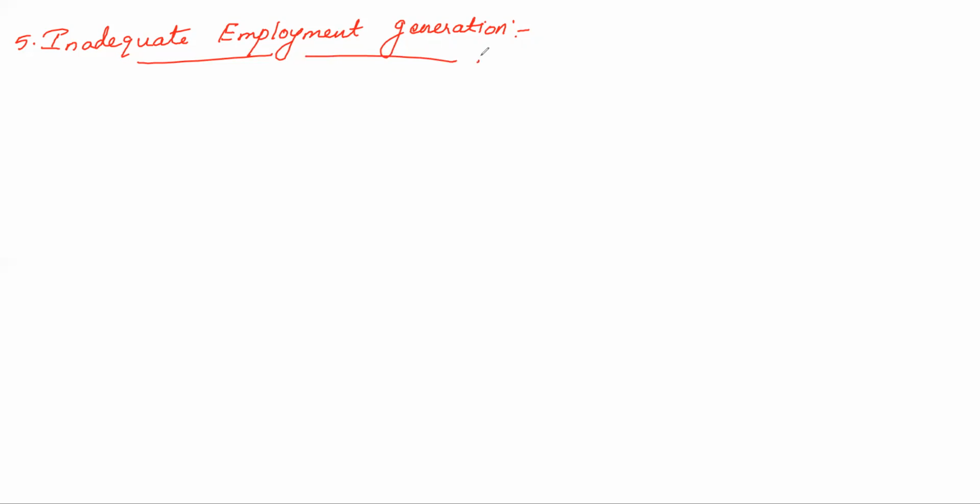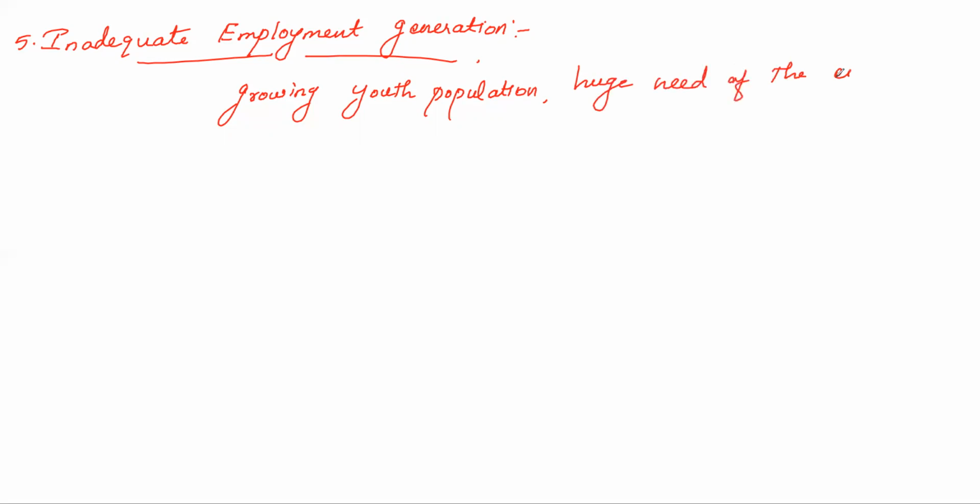Next one, inadequate employment generation. This means there is an inability to create jobs. With a growing youth population, there is a huge need for employment opportunities.